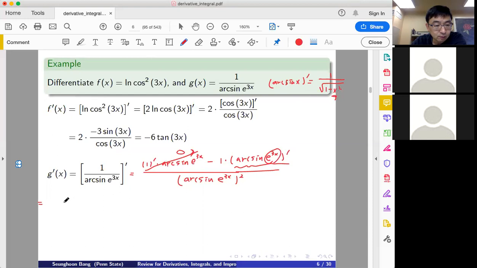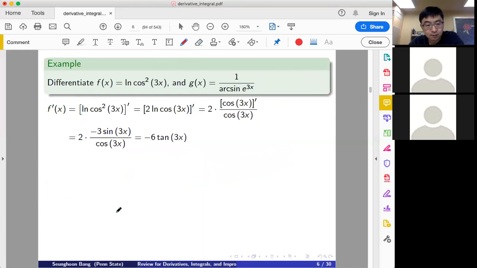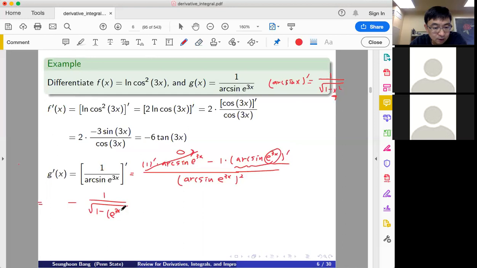We have negative 1 over the square root of 1 minus e to the 3x squared, times the inner function e to the 3x prime, over arc sine of e to the 3x squared.